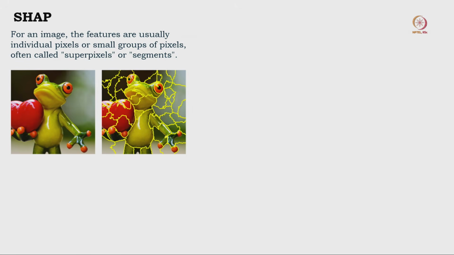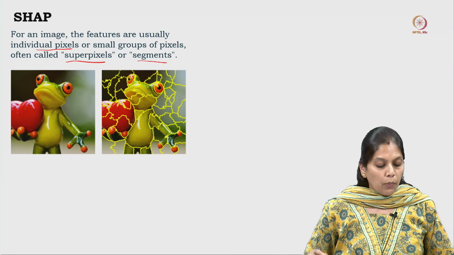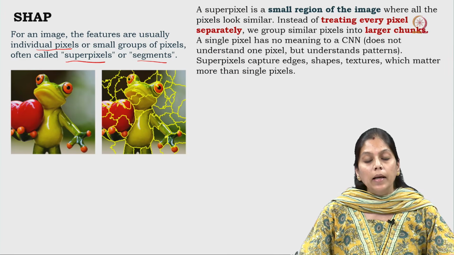So, today we are looking into SHAP. Since we are dealing with an image, we know that the features are usually individual pixels, or it can be a group of pixels. When we say a group of pixels, we call it a superpixel or a segment. What exactly is a superpixel?